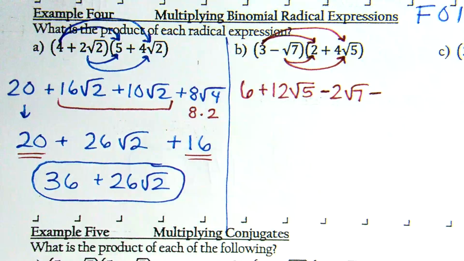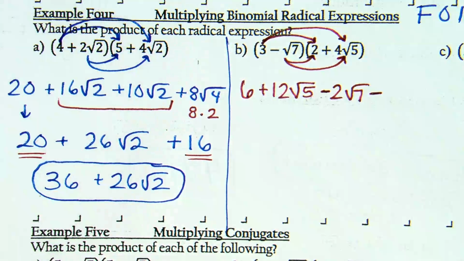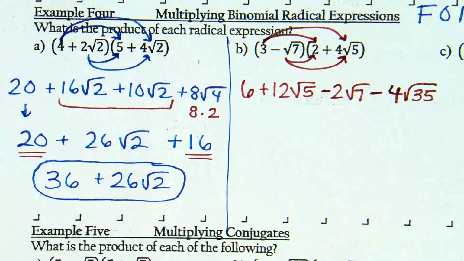Negative times positive makes it a negative. Are we okay with that? Minus 4, because there's a 4 outside. Then square root of 5 and square root of 7 makes it square root of 35. So I have minus 4 square root of 35.